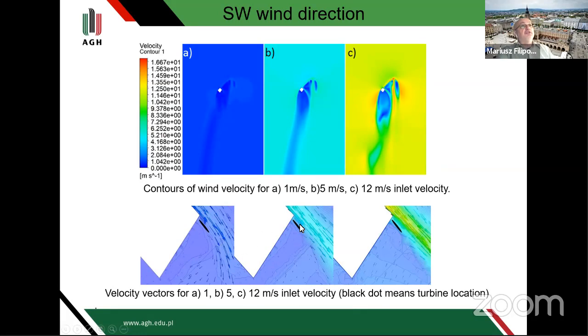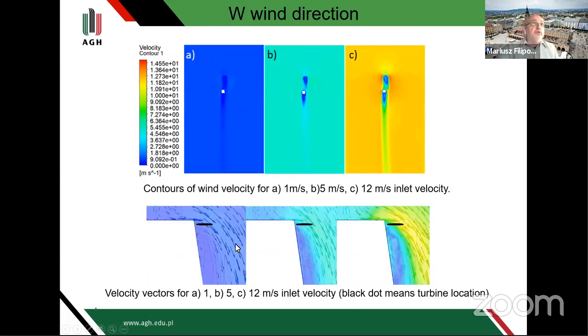You can see how it looks. This is the area of wind turbines, flow near the wind turbines. So you can see that the direction is quite complex. South wind, west winds, similar pictures. Of course, the presentation is available for comparing.